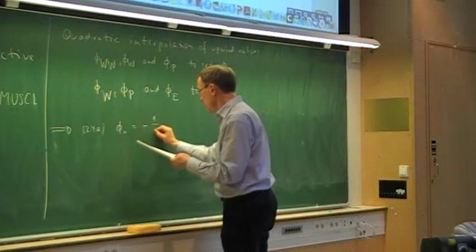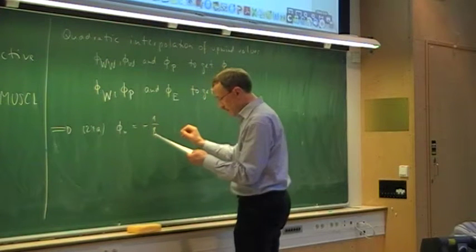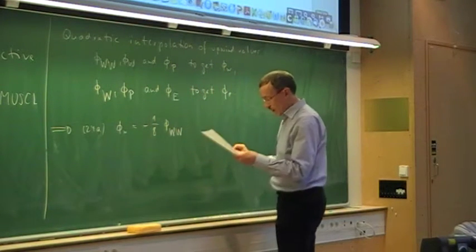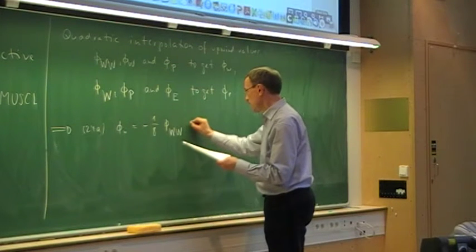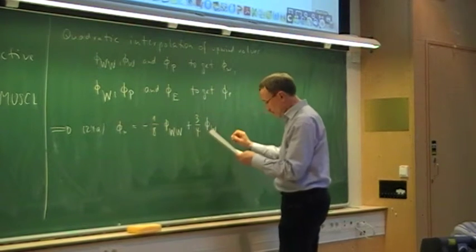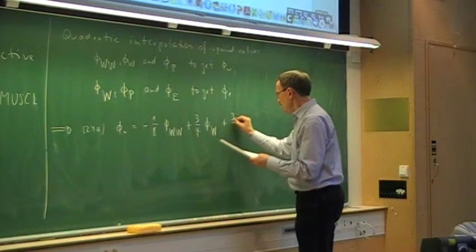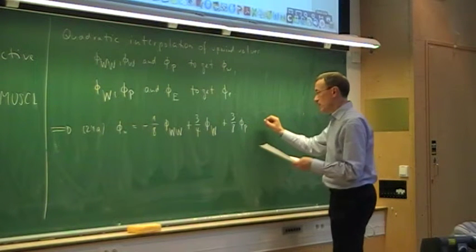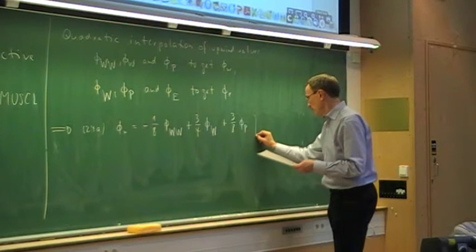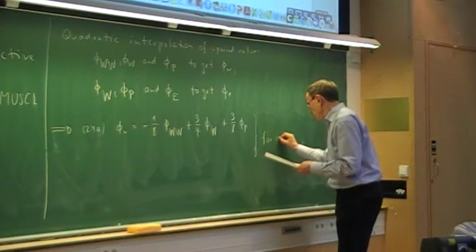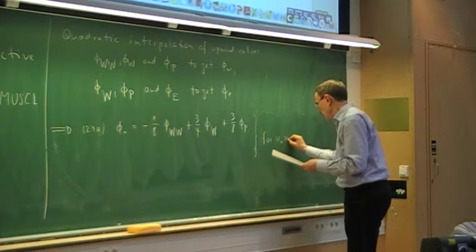With just a little calculation, we get minus 1/8 as the weight on phi W, 3/4 is the weight on phi P, and 3/8 is the weight on phi E. And this and the next one, they are both for U_w greater than 0.